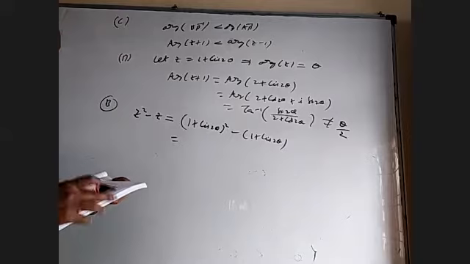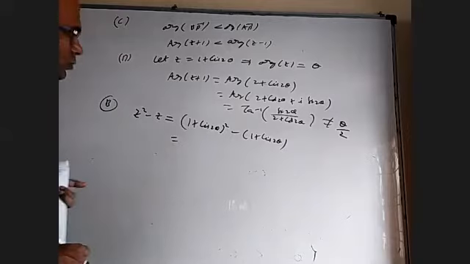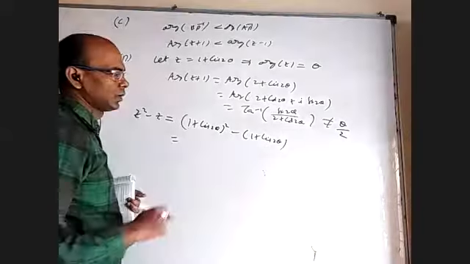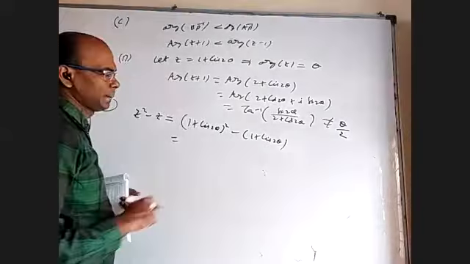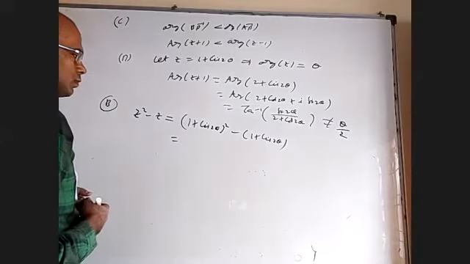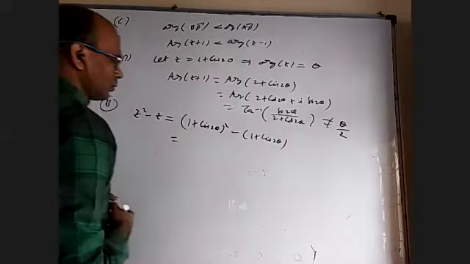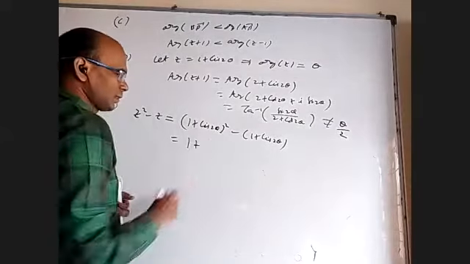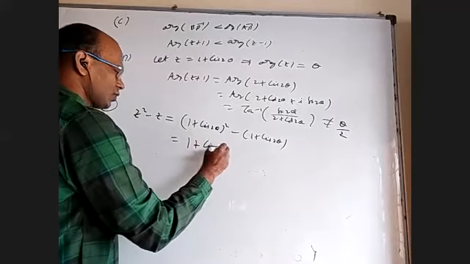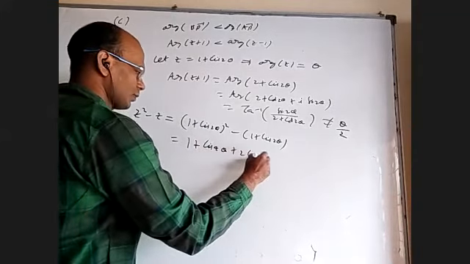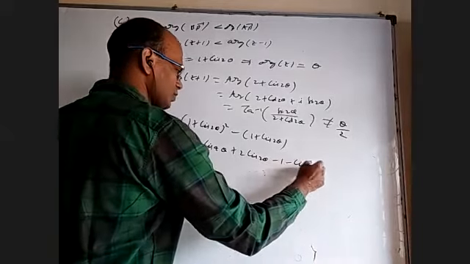Argument of Z is theta means I should be getting 3 theta for this now. Let us see. I can expand directly or in this form. If I expand directly, 1 plus cis 4 theta, the square of this, plus 2 cis 2 theta. Minus 1 minus cis 2 theta.